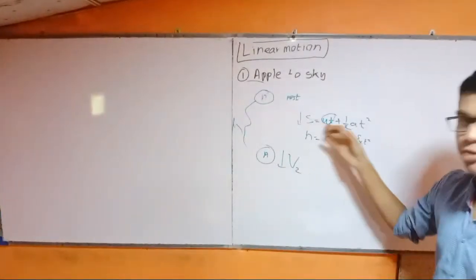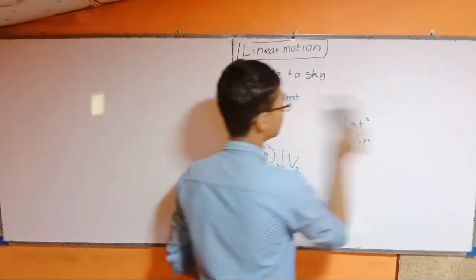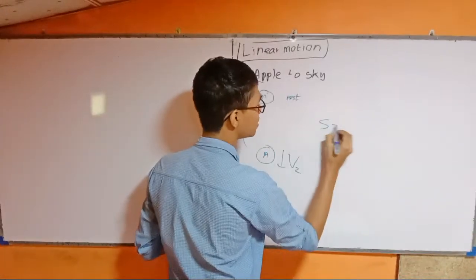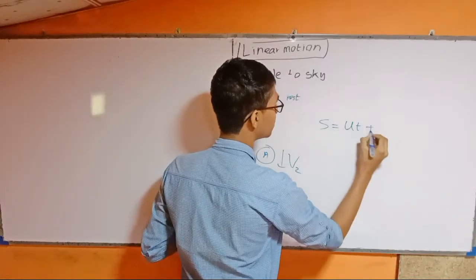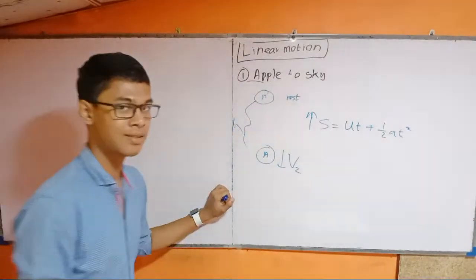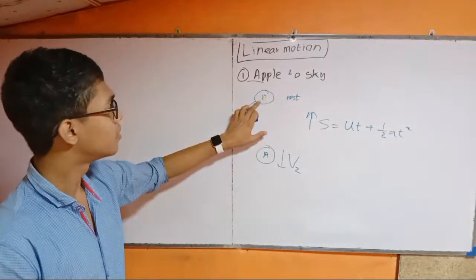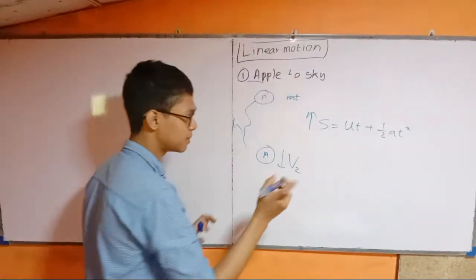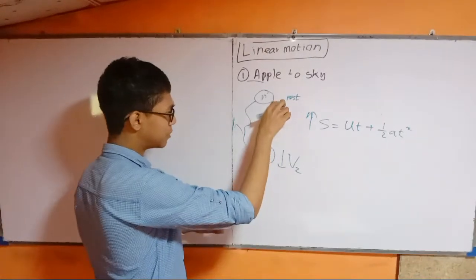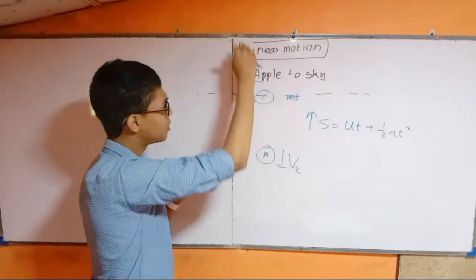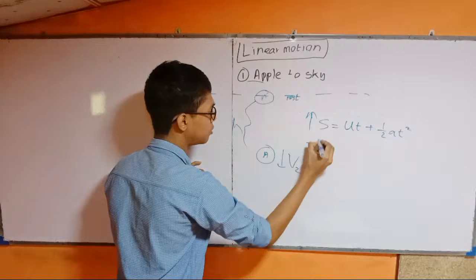Like the direction you apply. Let's say somebody is applying upward, s equals ut plus half at squared. Some donkey. Now the object is going down and that donkey is applying it upward. So what happens? Displacement is negative. He's applying the equation of motion upward, but the object is going down, so it will be negative height.